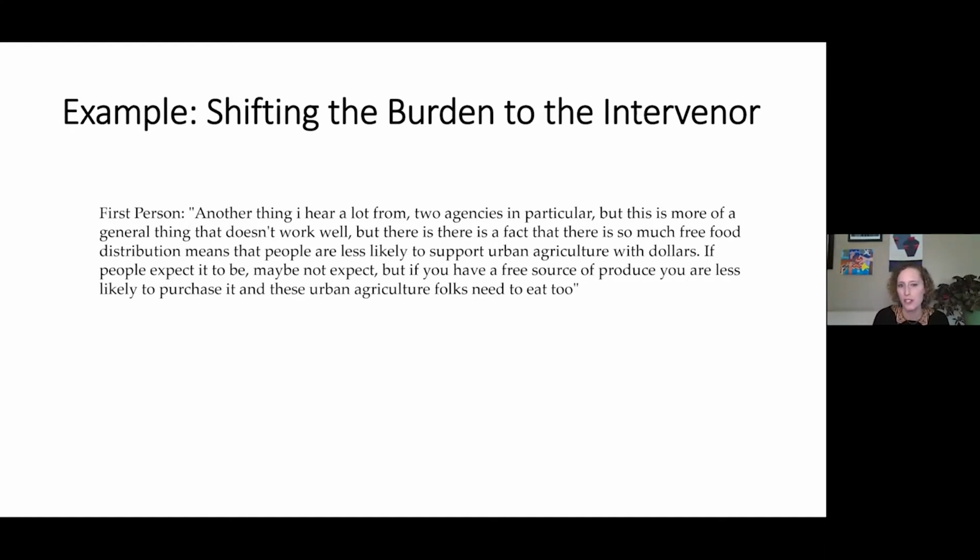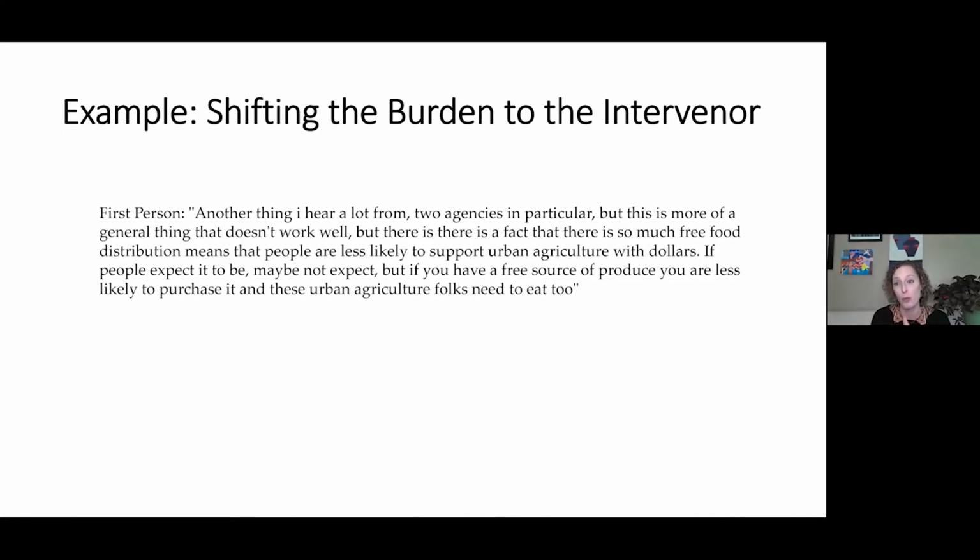If you have a free source of produce, you are less likely to purchase it. And these urban agriculture folks need to eat too." So what this person is describing is a classic shifting the burden to the intervener, or addiction, archetype, in which the Flint food system has become, in a sense, addicted to the massive influx of food subsidies and free food that occurred in the wake of the water crisis and the pandemic.